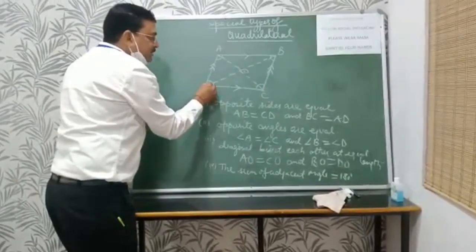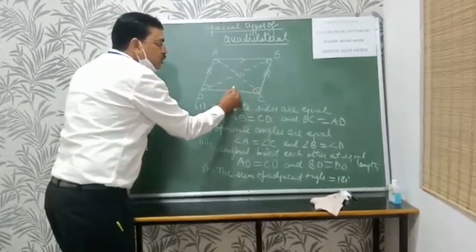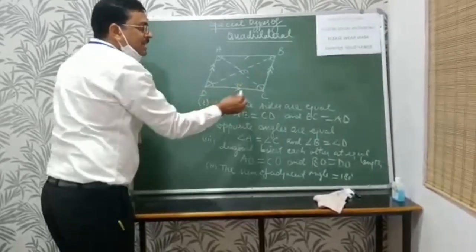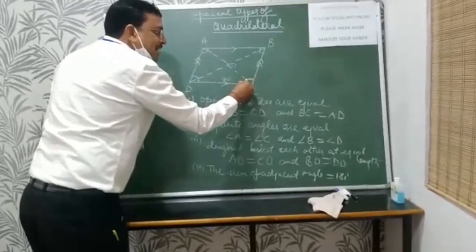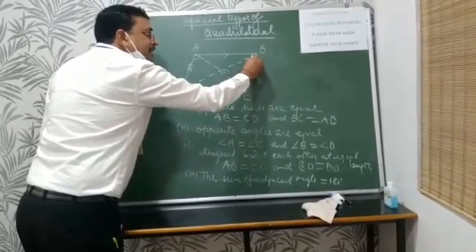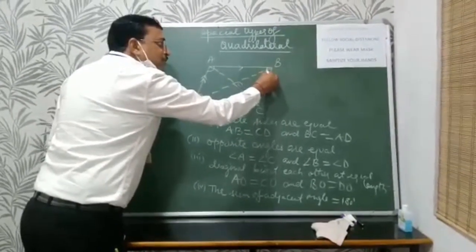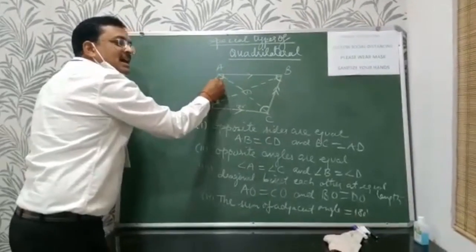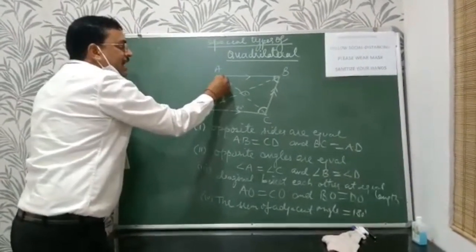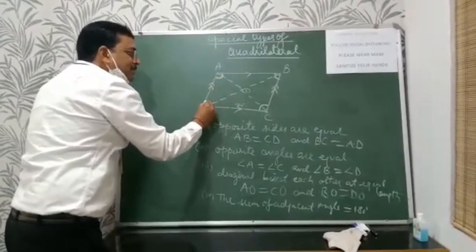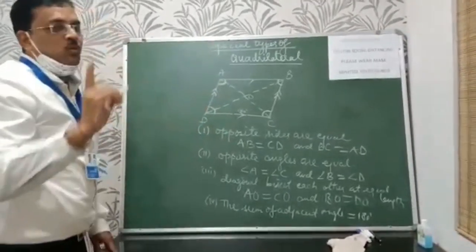It means the sum of these two angles is equal to 180 degrees. Similarly, the sum of angle C and angle B is 180 degrees, the sum of angle B and angle A is 180 degrees, and the sum of angle A and angle D is 180 degrees.